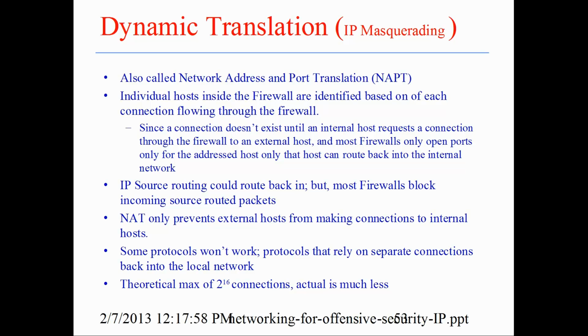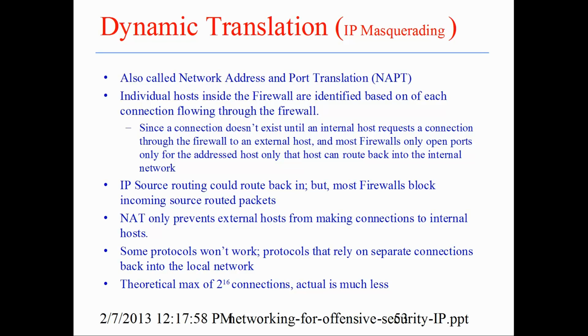So dynamic translation, or IP masquerading, can be attacked by IP source routing, but almost all routers that I've seen and all firewalls that provide NAT block this by default. So NAT, when in dynamic translation mode, prevents external hosts from making any connection to the internal hosts.